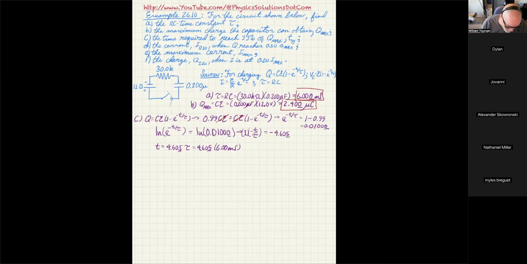So this gives me 13.82 milliseconds, again carrying an extra sig fig. That is the time required to reach 99% of Q max.